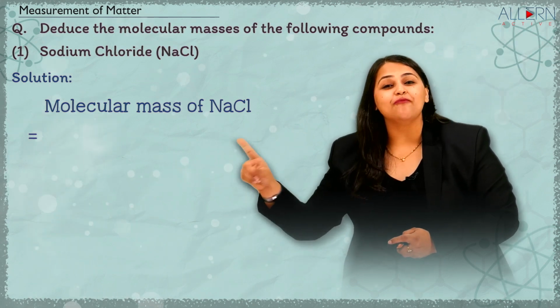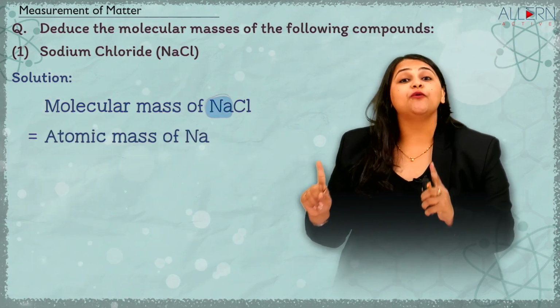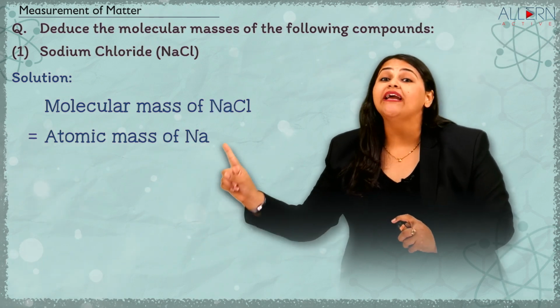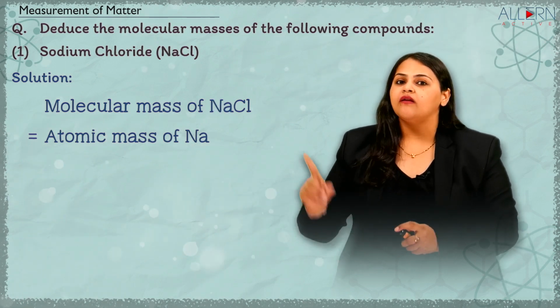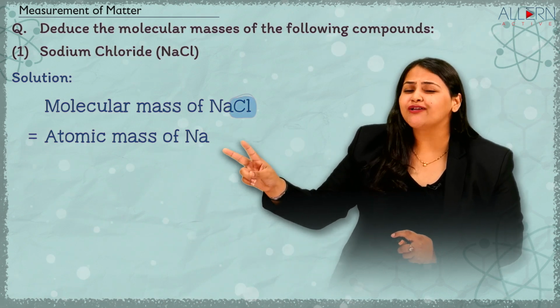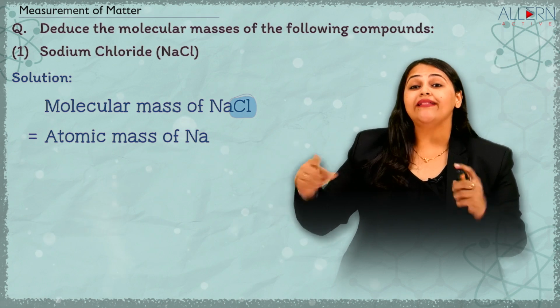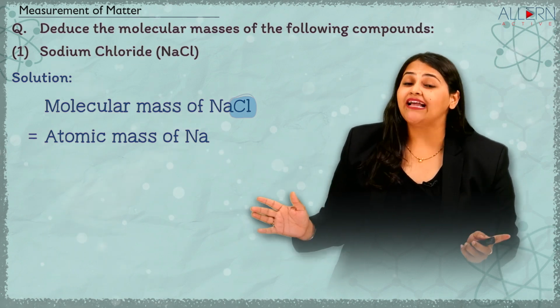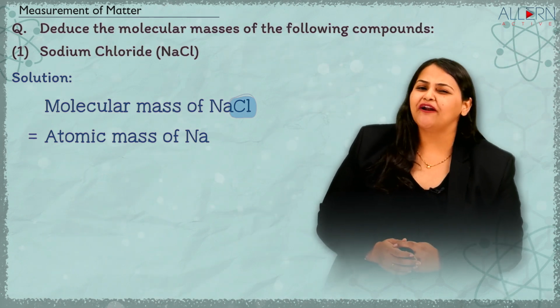One is of sodium, which is Na. That will be equivalent to atomic mass of sodium plus the chlorine. Is there any number besides chlorine? Well, of course, no. When there's no number, it means how many atoms is it? 1 atom. Wonderful.